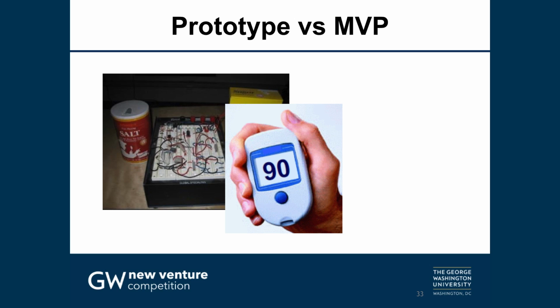But what we used as our minimum viable product is this. Now this is what we brought around to really kind of get people on board and sell them into the idea that this was something that they needed to have. Now this is not a working prototype. This is a styrofoam block with a sticker on it.